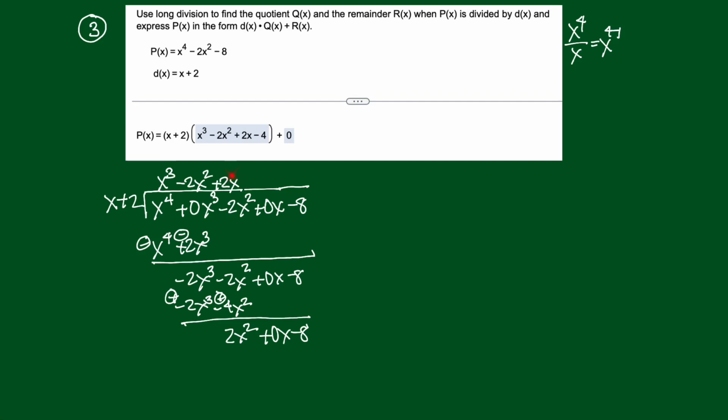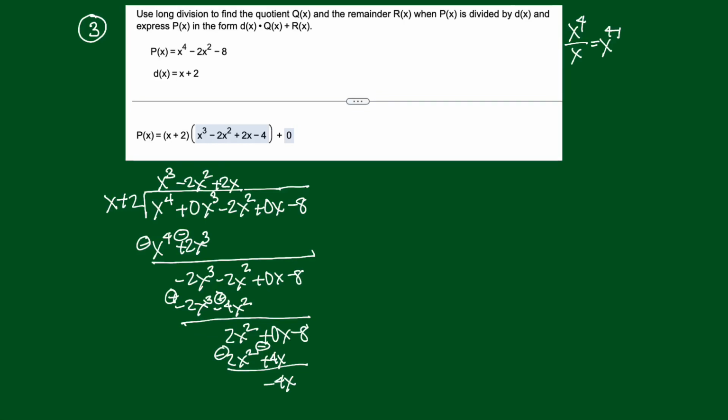Now multiply. 2x times x is 2x squared. And then 2x times 2 is 4x. There's a multiply. Now subtract, so change the signs. 2x squared minus 2x squared is gone. 0x minus 4x is minus 4x.